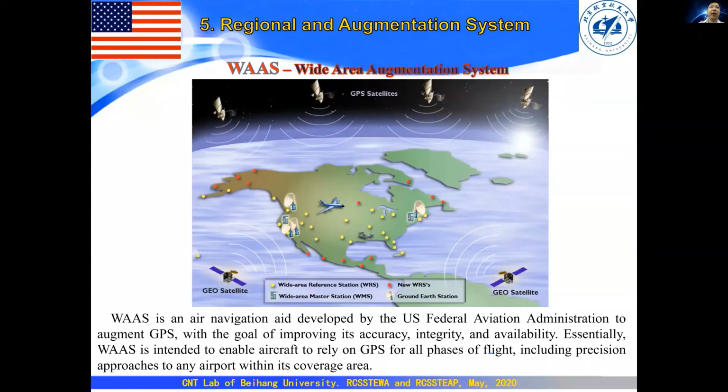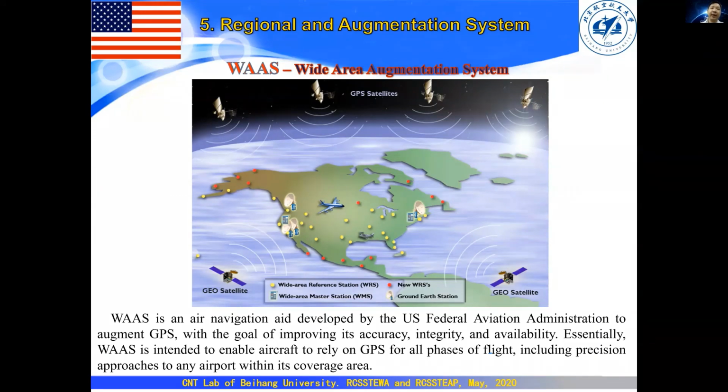For example, WAAS from the United States is deployed by the FAA, the Federal Aviation Administration, to augment GPS to improve its accuracy, integrity, and availability.